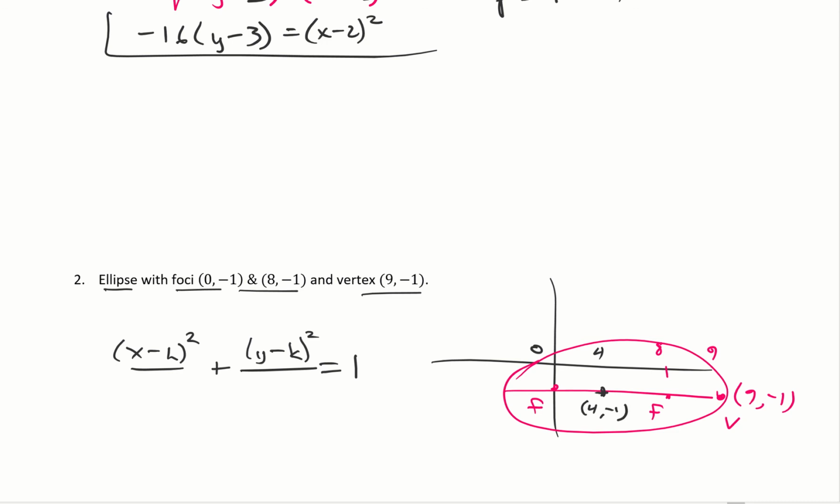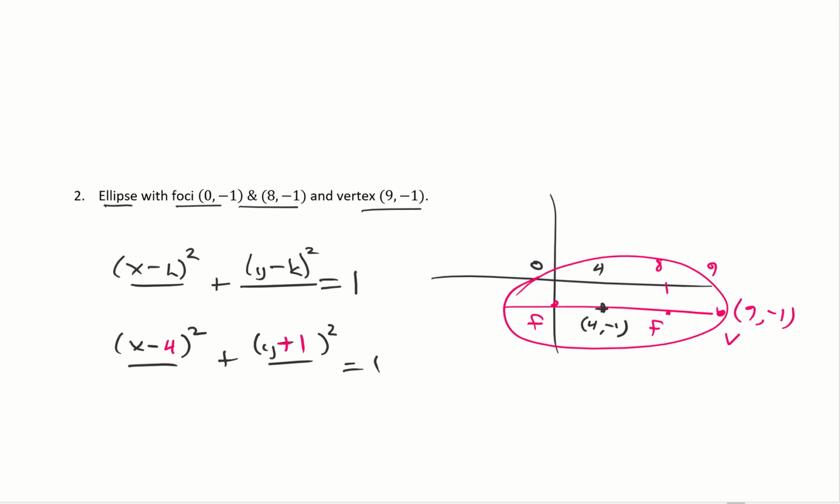We can come along and go, okay, so (x - )² over plus (y - )² over equals 1. But we know these guys now. h is 4 and k is -1, so this actually becomes +1 there. Almost done. We just have to figure out a and b.